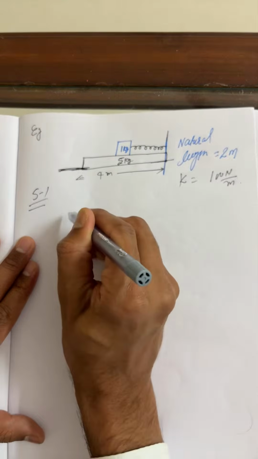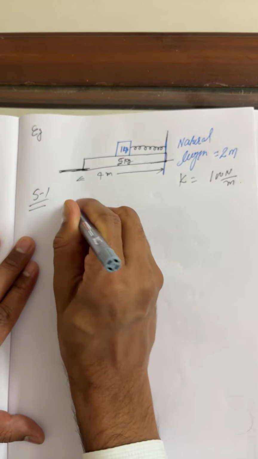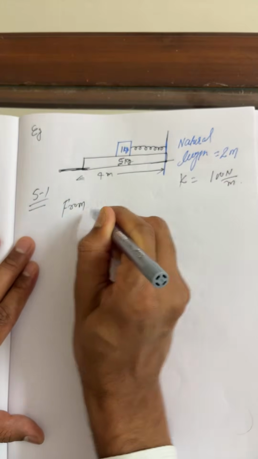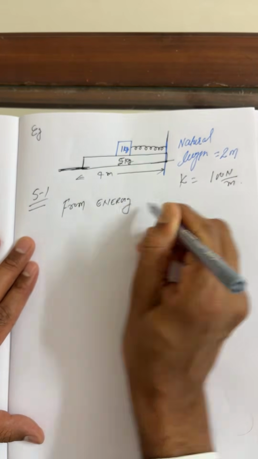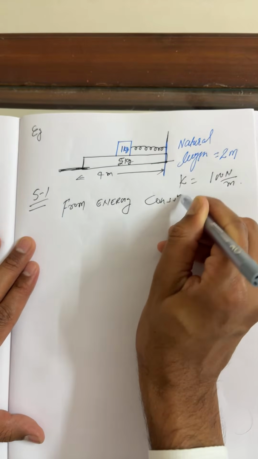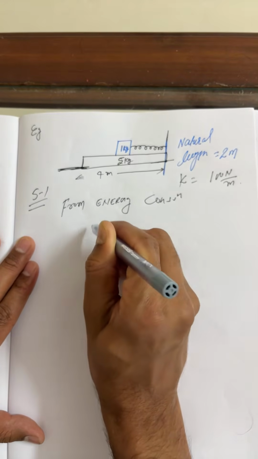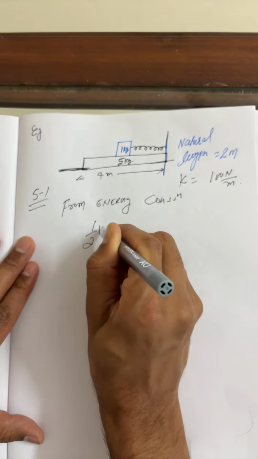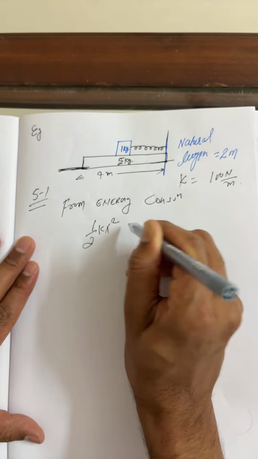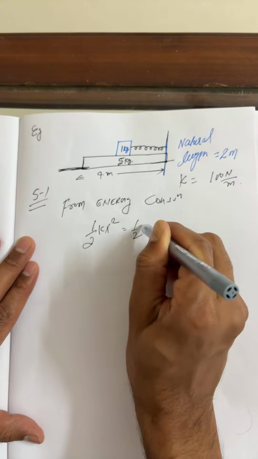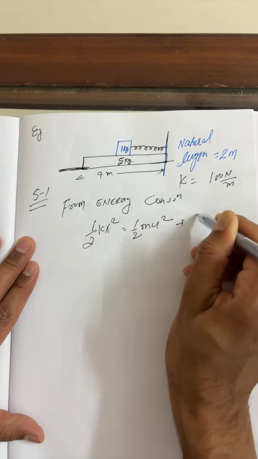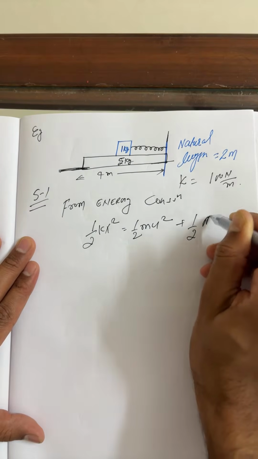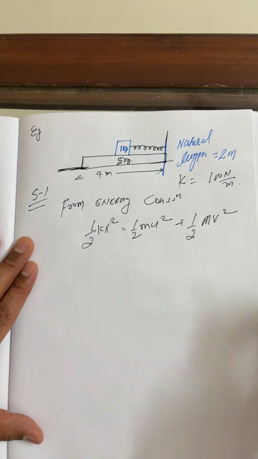So from energy conservation, half k x square equals half m u square plus half capital M v square for the plank.